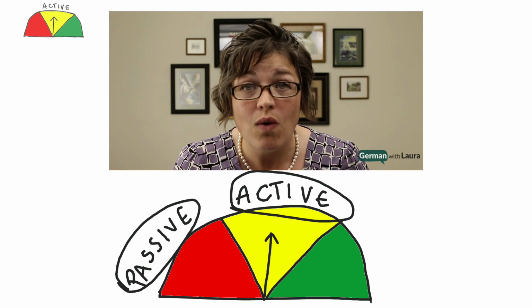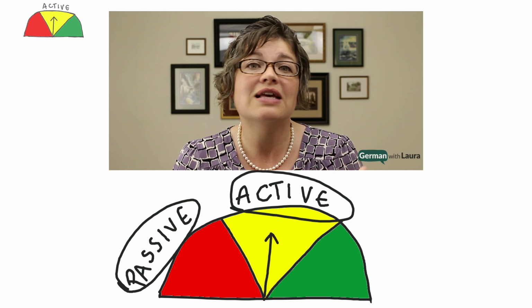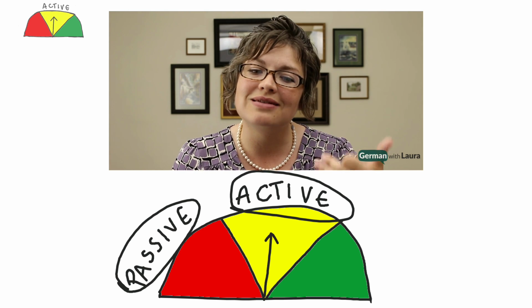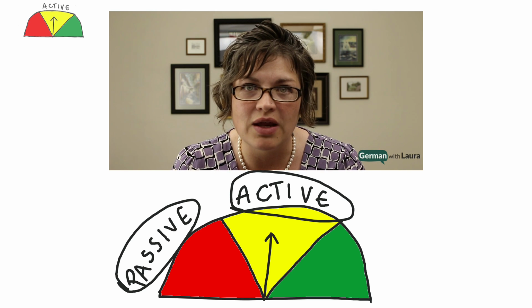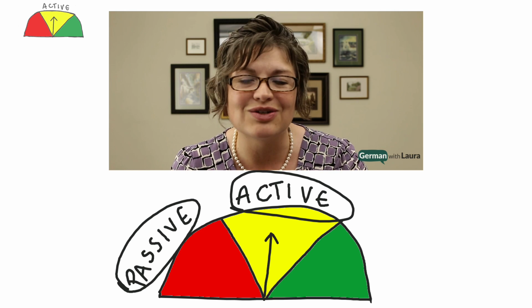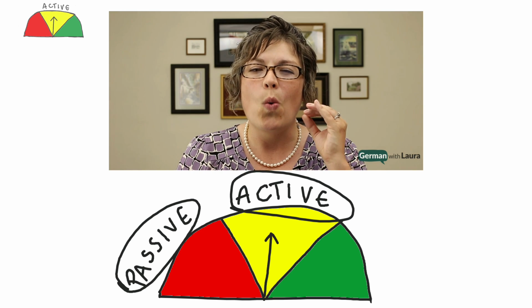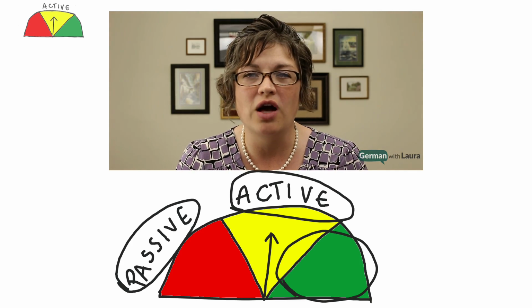But if your goal is to speak German, then this active style learning isn't going to take you there because it's not setting you up to produce your own German, right? It sets you up to recognize German, but not to create your own German utterances. That happens only in this next category of learning, which we'll be talking about soon.